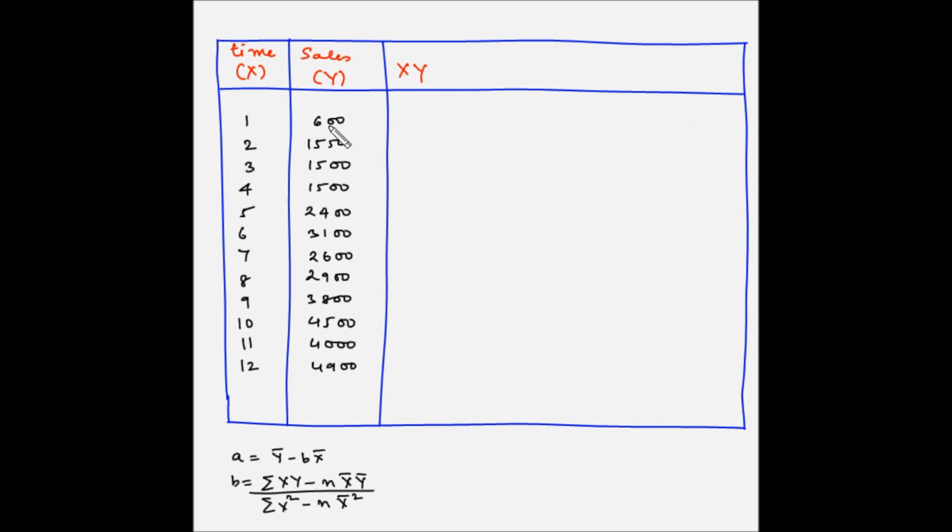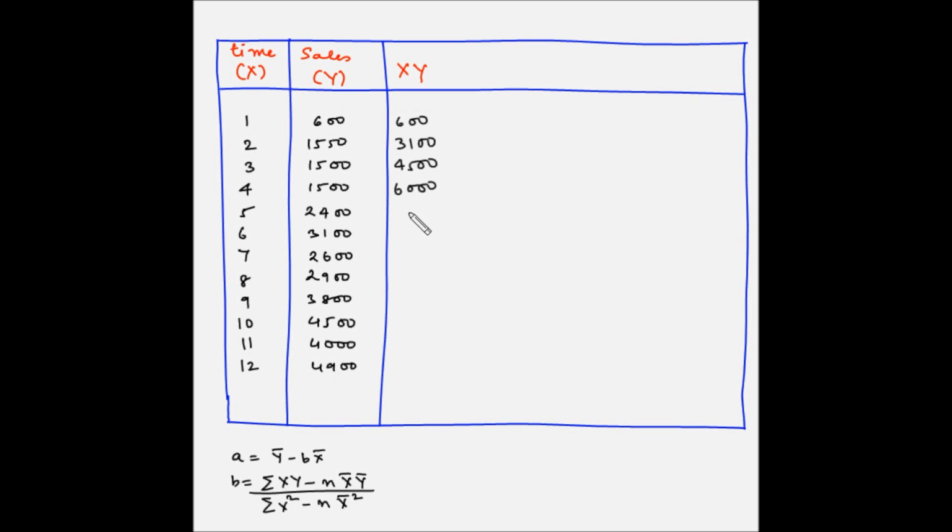So 600 multiplied by 1 is 600. 1550 multiplied by 2 is 3100. 1500 multiplied by 3 is 4500. 1500 multiplied by 4 is 6000, and so on.